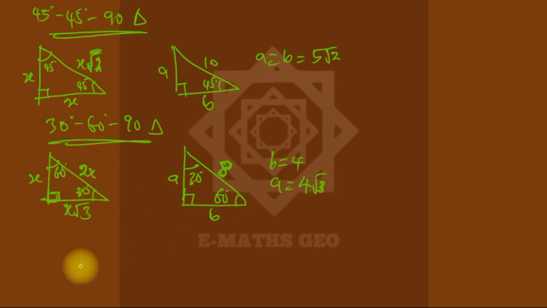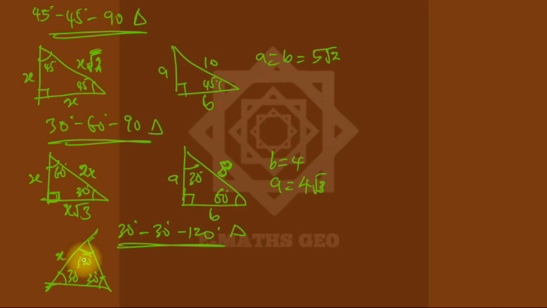Finally, that's what we call the 30, 30, 120 triangle. If you have an isosceles triangle, the interior angles are 30, 30, 120.